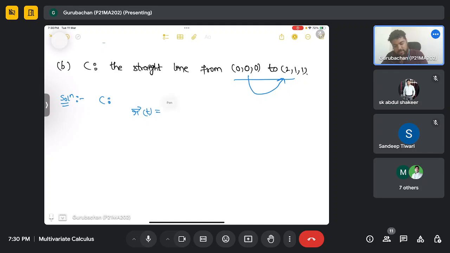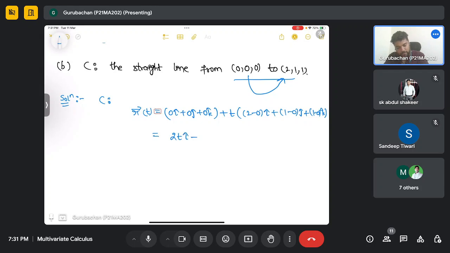So it is 0 I cap, 0 j cap, 0 k cap, plus, 8. Yes, 8 is the answer. So it is (2 minus 0) I cap, (1 minus 0) j cap plus (1 minus 0) k cap. Okay, so this will be 2t I cap, t j cap, t in the direction of k cap.